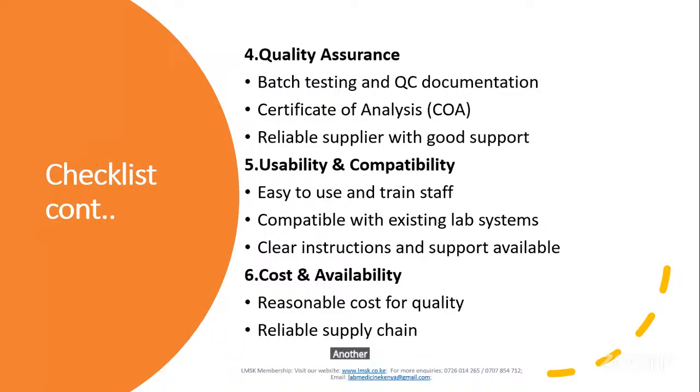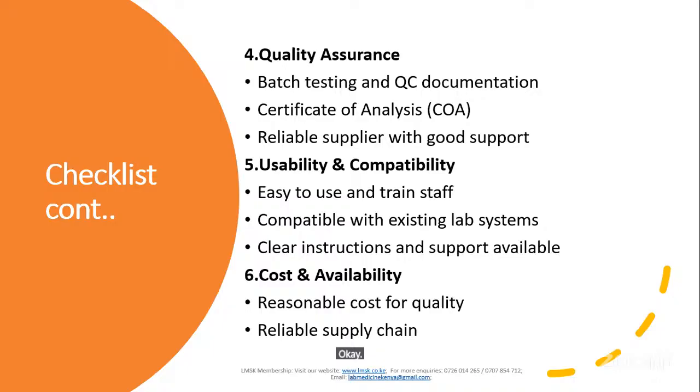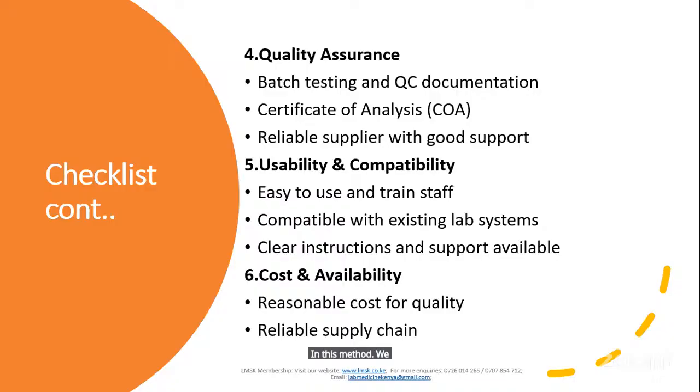Another aspect we need to look at is production quality assurance. Batch testing or QC documentation: is there relevant and accurate QC documentation for this method? We are talking of a certificate of analysis or certificate of conformity.